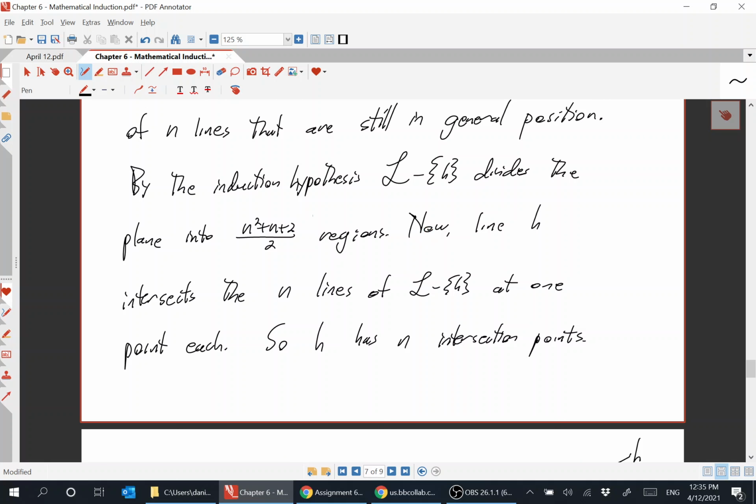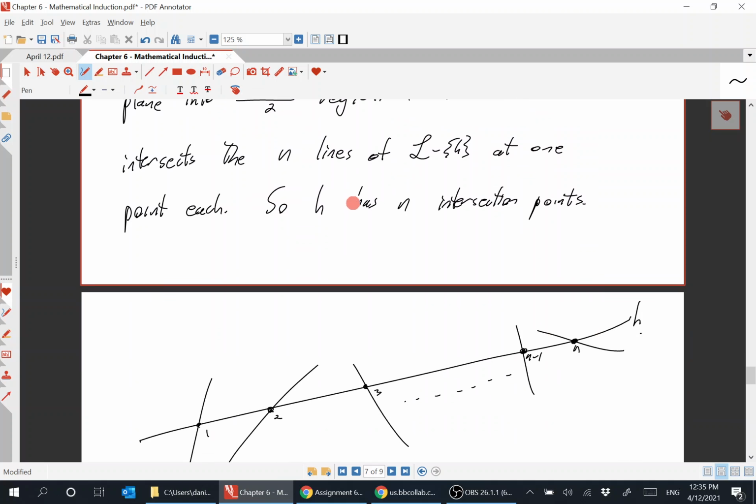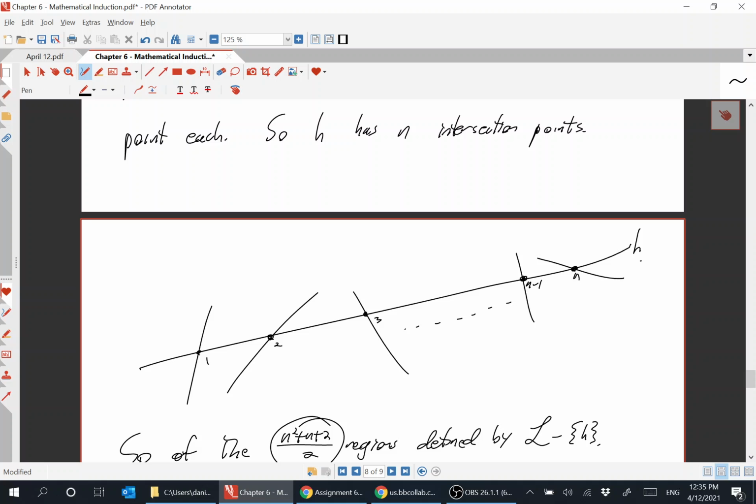So now line H, let's put it back in. It intersects the other n lines at 1 point each. See that? So there's line H, and here's all the other lines. There's n of them, and they intersect H at 1 point each. Why? Because every pair of lines intersects, so you get one intersection point for each line. But no 3 lines intersect at the same point, so the intersection points for the n lines are distinct.